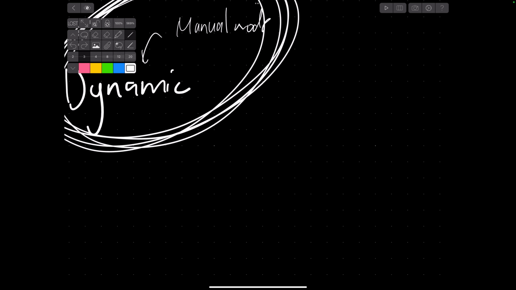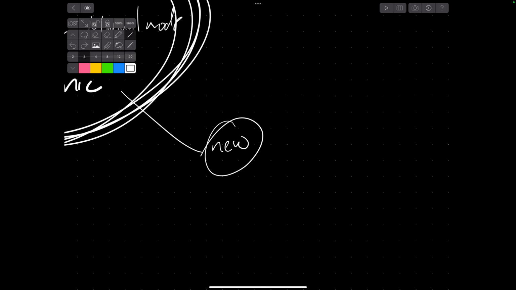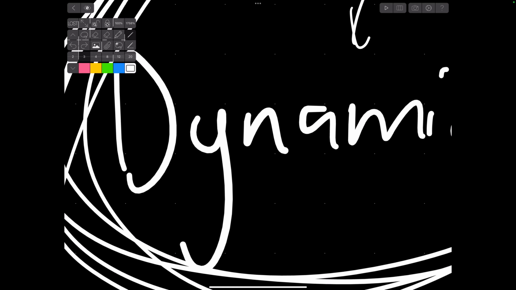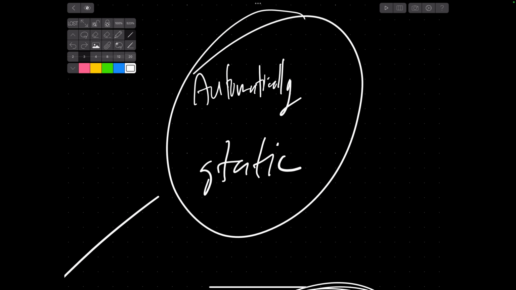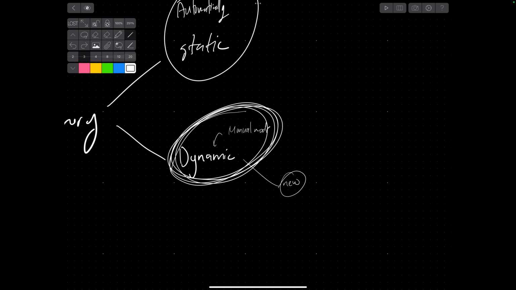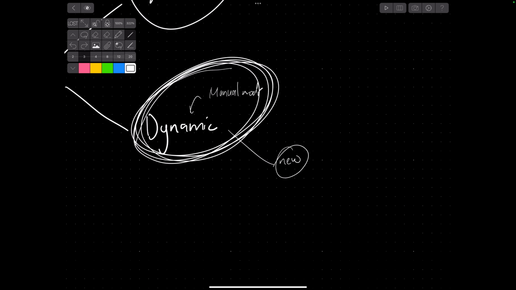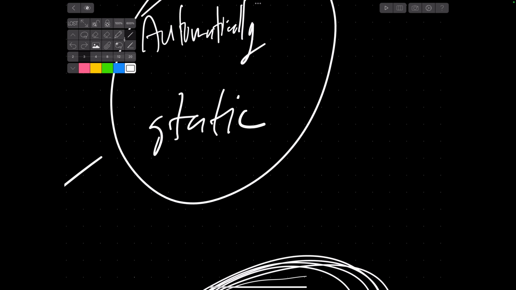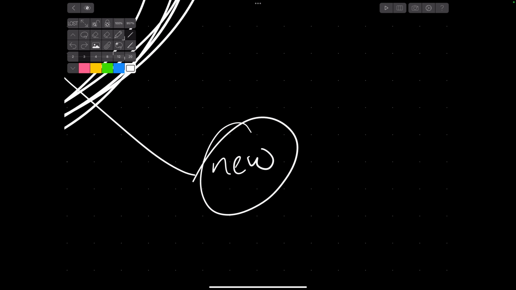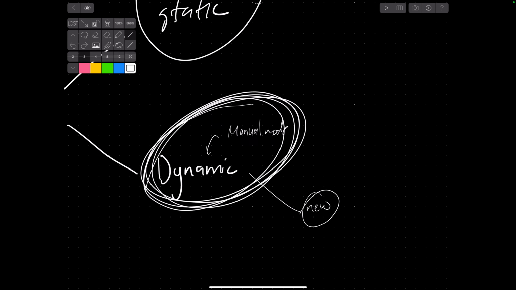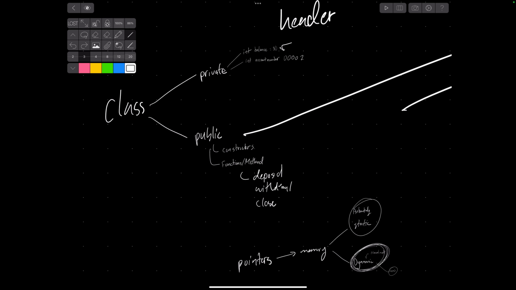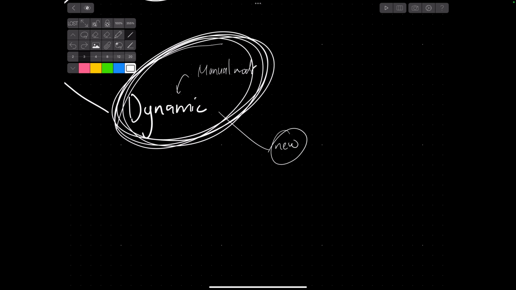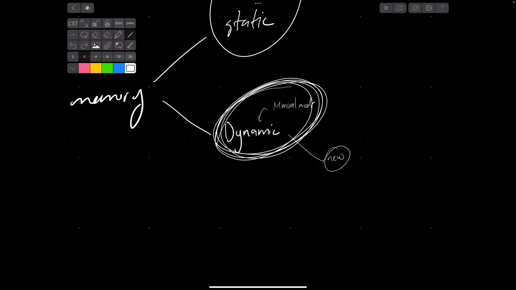And you know something's dynamic when we use the new keyword. Whenever we use new, it means we're going to make something in the dynamic memory. Everything else basically lives in static, although some things do new behind the scenes. For example, if you do a vector, we never do new vector, but a vector does new behind the scenes when we construct it. And that's kind of what we're going to do today.